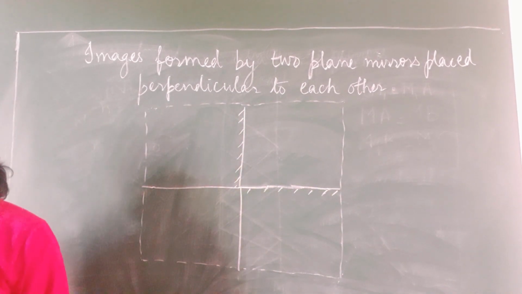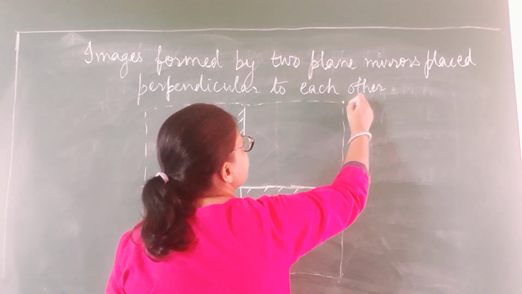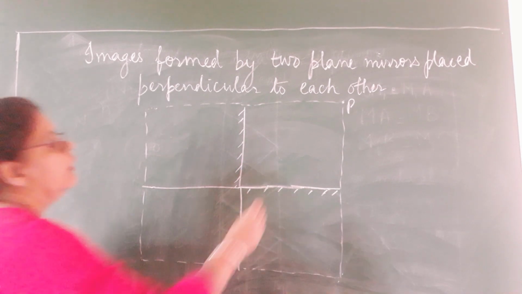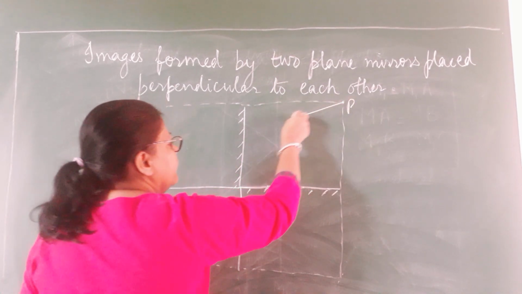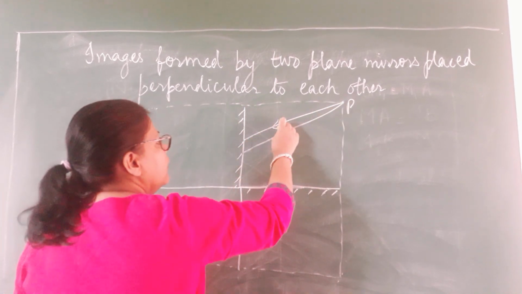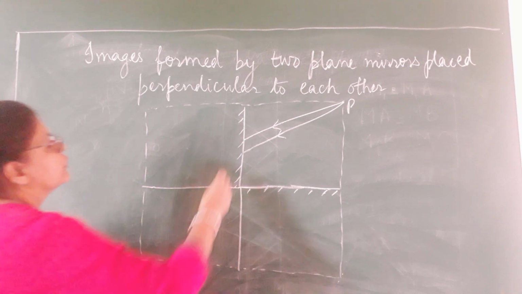Right children? Now what am I going to do next? I will take an object here. Say the object is P. Now I take an object at one corner and I take 2 rays falling on the first mirror. Let us name the first mirror.